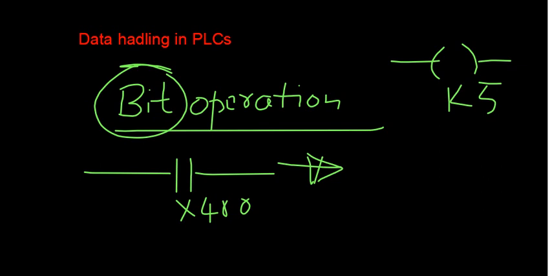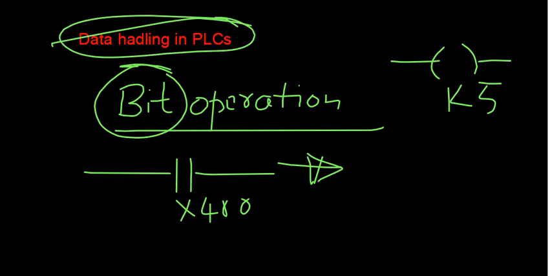Once the measured value in the temperature sensor becomes equal to or greater than this 35, I must activate some output, some solenoid, some lamp or something like that, some output device, right? So when I speak about 35 degrees centigrade, it is no longer a bit. This is one important point to be noted. It is going to be a byte, right?